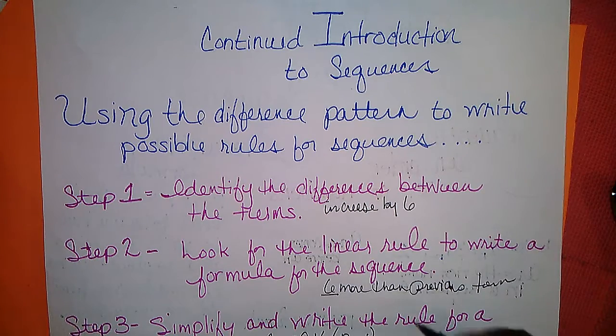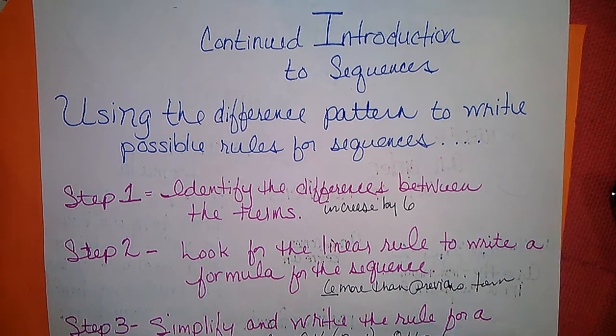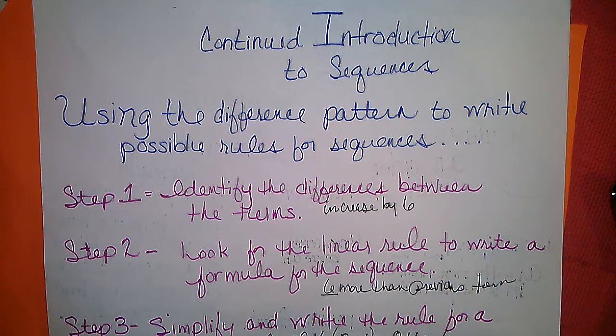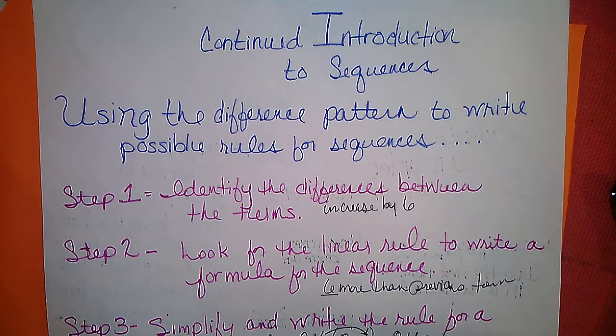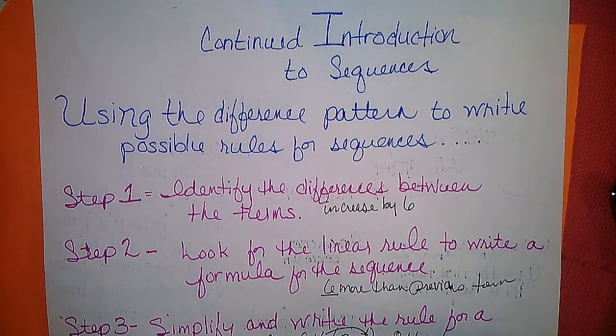So we want to make sure we put that in, which equals 8 plus 6n minus 6, because we did the distributive property here. 6 times n is 6n. 6 times negative 1 is negative 6.